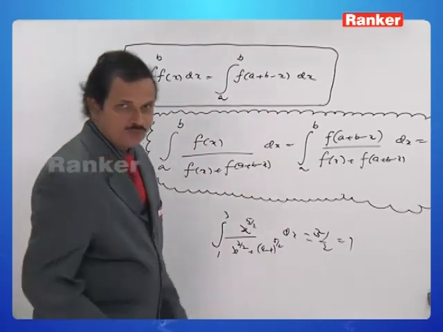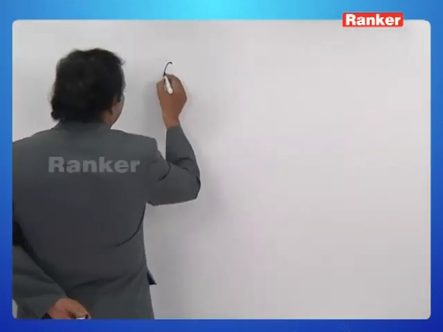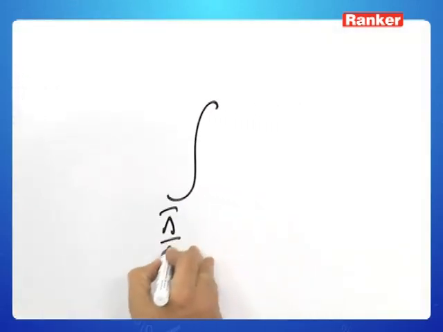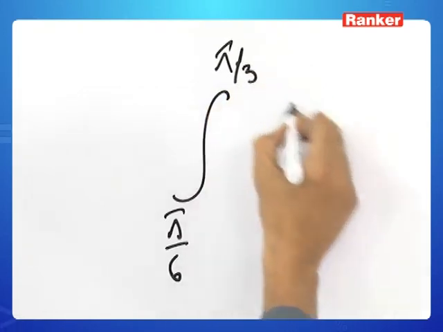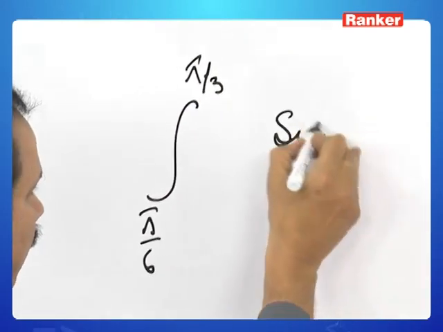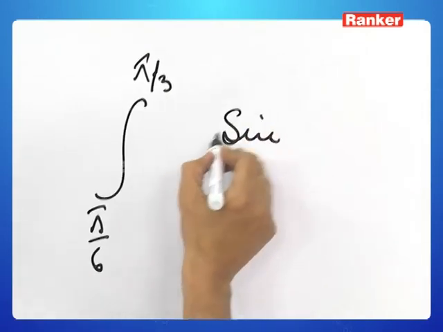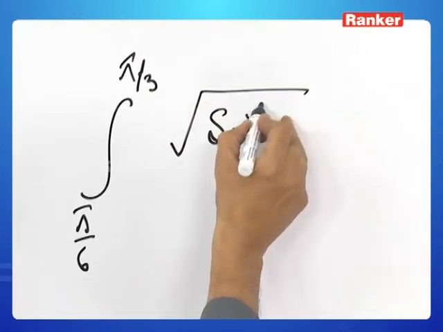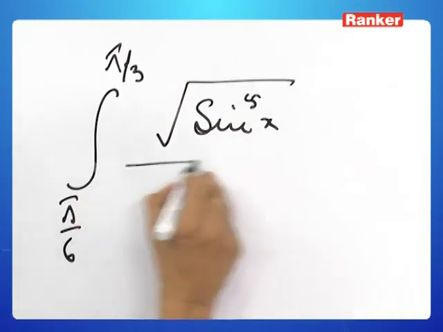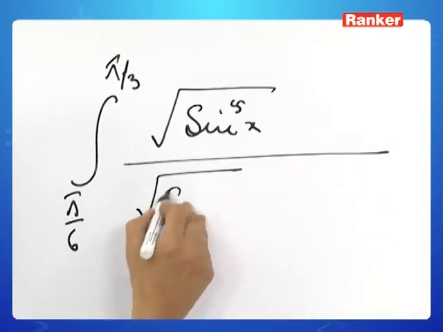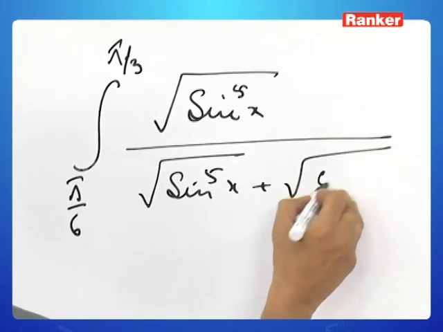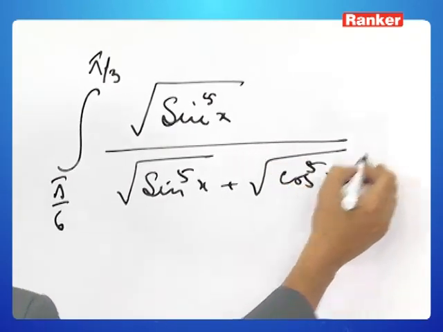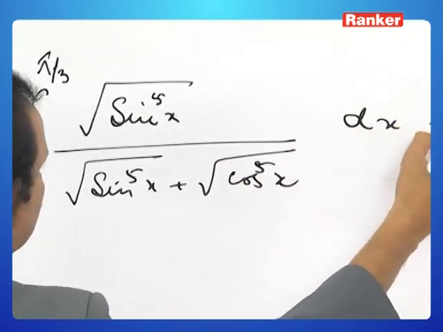Let us have one more such example. Integral pi by 6 to pi by 3 of square root of sine power 5x by square root of sine power 5x plus square root of cos power 5x dx is equal to.